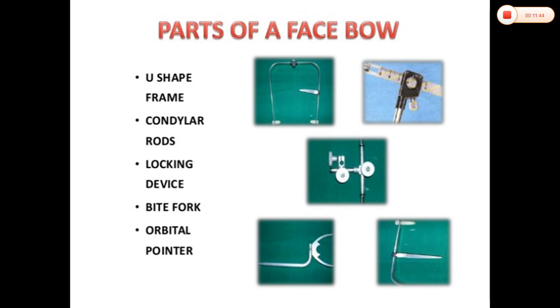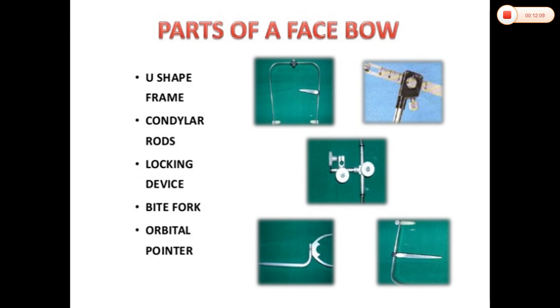where the maxillary cast or maxillary model is oriented to this plane, which is formed between two posterior reference points and one anterior reference point, and this same relationship will carry from the patient's face to the articulator.